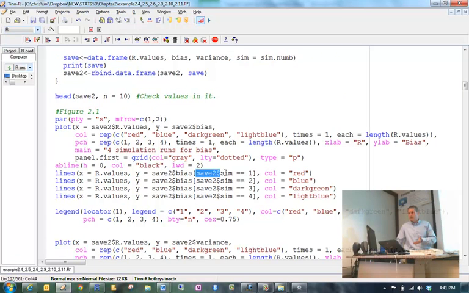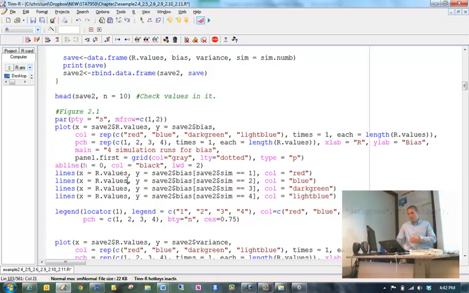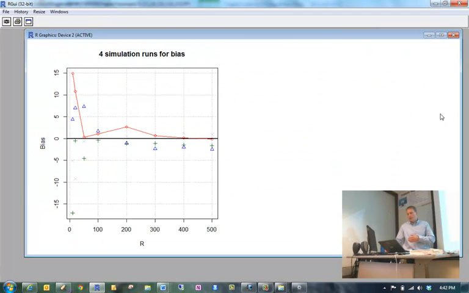I say save2$sim equal 1. So you want to know what happens with that. It's a logical test. So I'm going to get a bunch of trues and falses. The first 8 will be true because that corresponds to simulation 1. Okay? So if I just execute this code, look at the plot, you can see all the simulation 1s are joined.